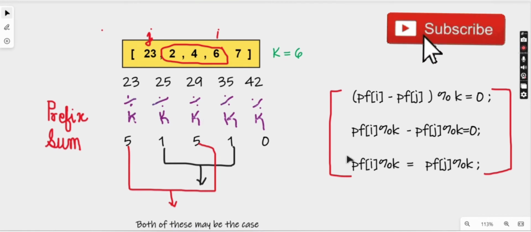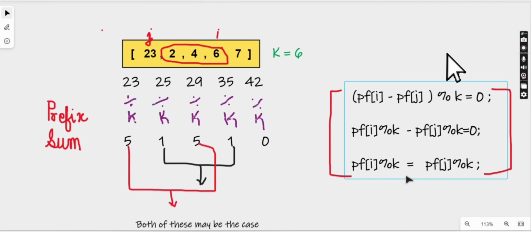Guys, now our question is very straightforward. We just need to find any two indices i and j for which prefix of i modulo k and prefix of j modulo k are equal. If we are able to find any combination of i and j, then we can simply return true, otherwise we have to return false.